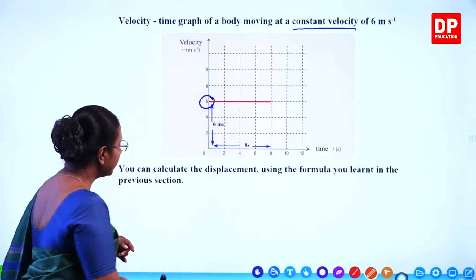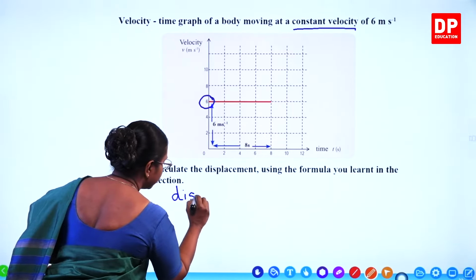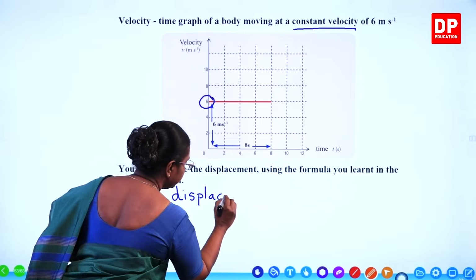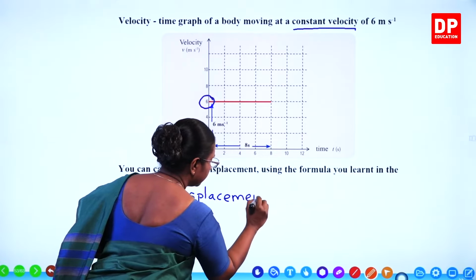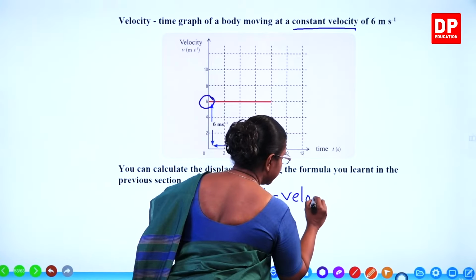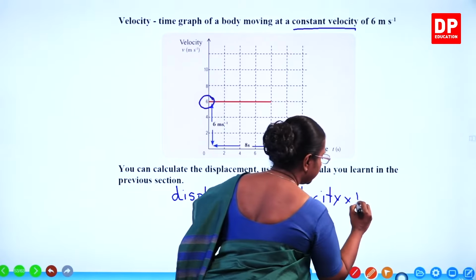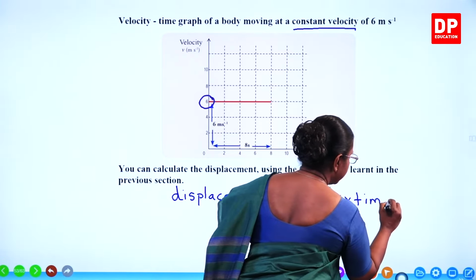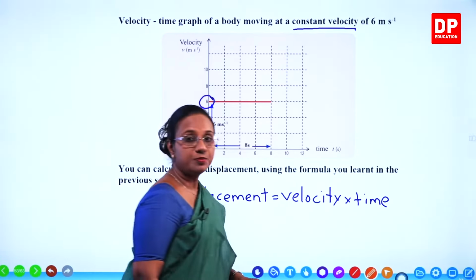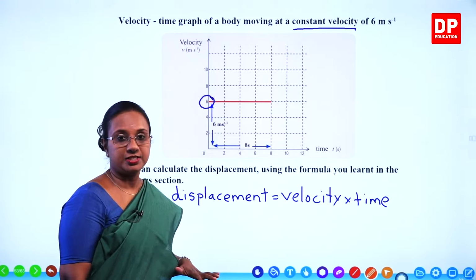Thereby, we got the equation for displacement is equal to velocity into time, that is when the object is moving with uniform velocity.